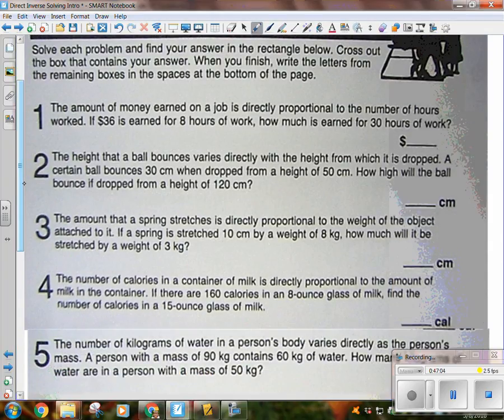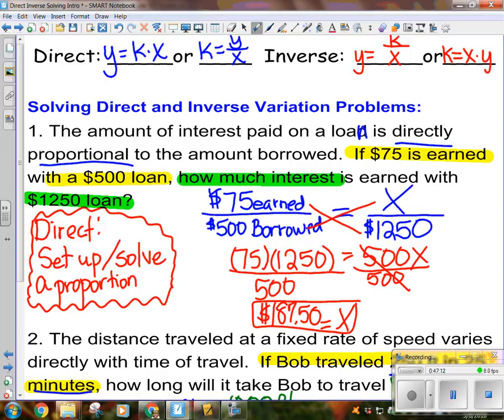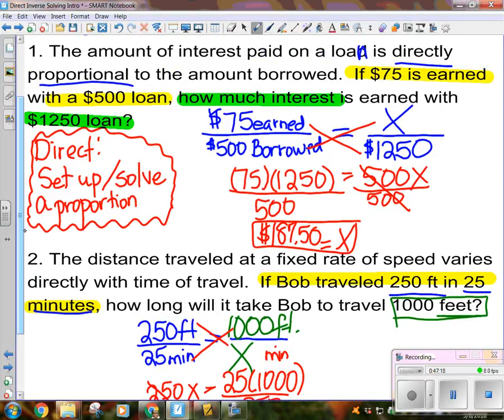One side is direct and the other side is inverse. Okay. Let me go back and say this one more time. How do you solve if it says direct? You set up and solve a proportion, which is crisscross multiply.